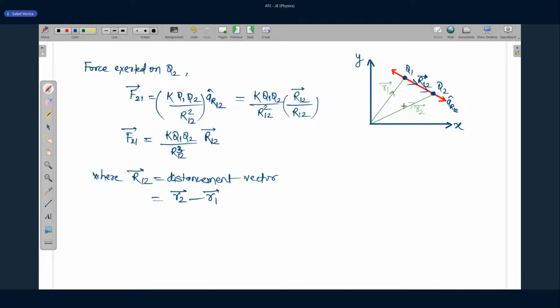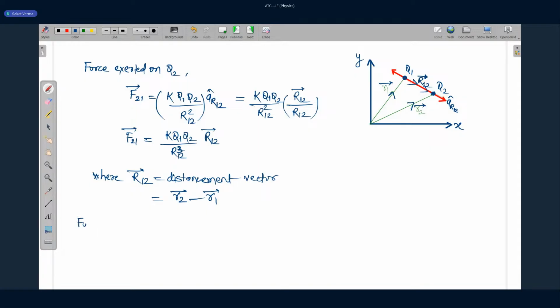This is the r2 vector, this is the r1 vector. So the final point is r2 and the initial point is r1. That is why I will subtract r2 minus r1 to get the displacement vector. In this form you will write the Coulomb force, that is known as the vector form.